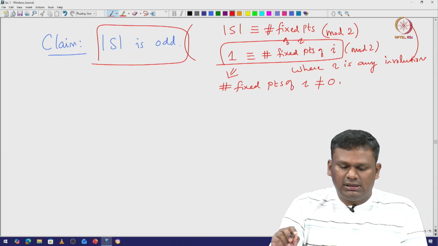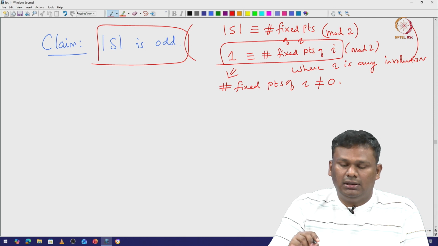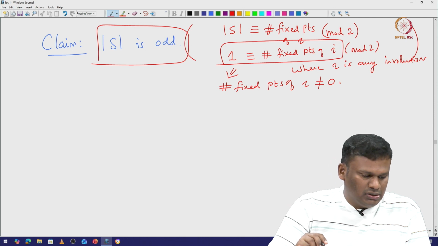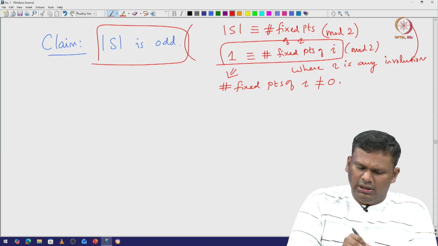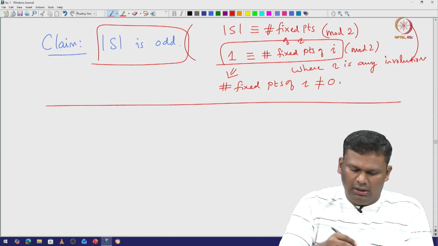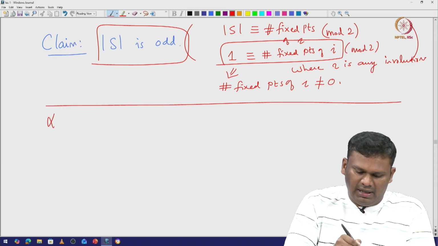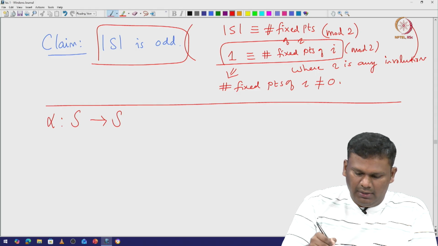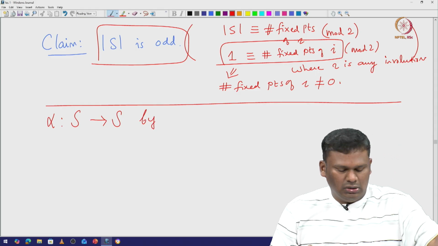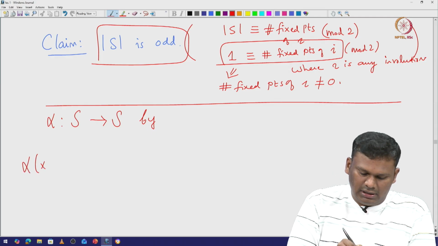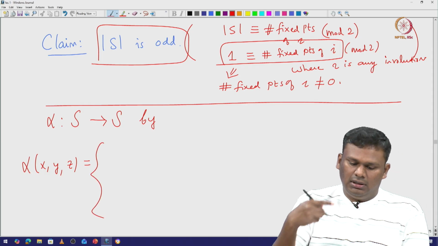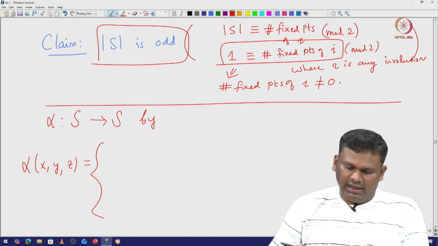So, to prove this cardinality of S being odd, Don Zagier actually wrote down this explicit map. So, let us actually write it down. I am going to call this map alpha from S to S, which is given by alpha of (x, y, z), which is defined based on cases.